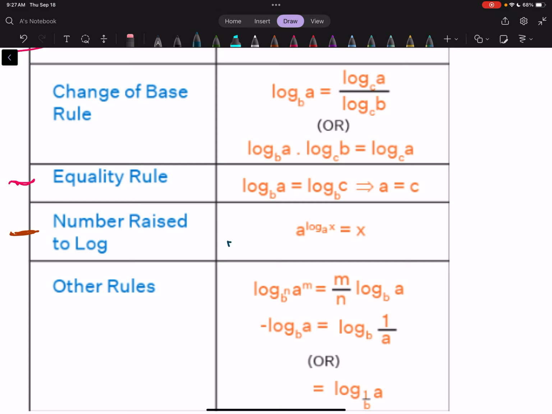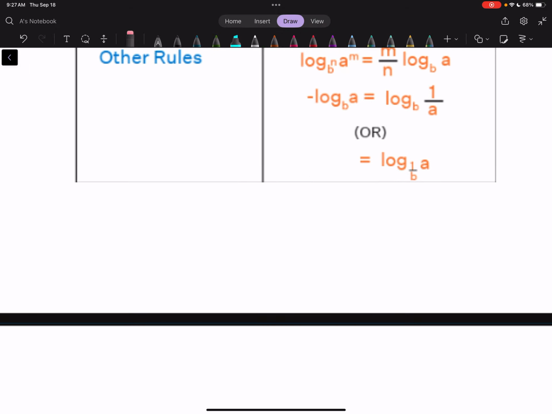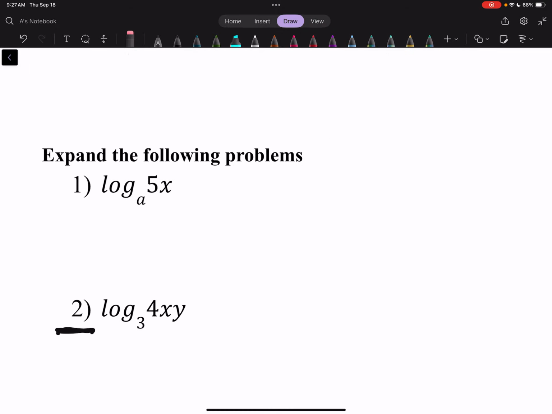If I have 7 raised to the power of log base 7 of 52, these cancel, and I just have 52. There's that rule. There's the other rules. If you want them, you can read them. Personally, I don't really care about them because you're not going to use them.